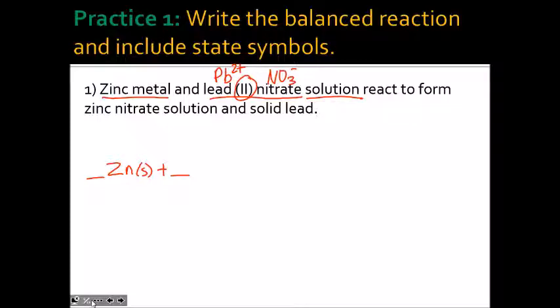How many of each do we need in our formula? How many leads, how many nitrates do we combine to make lead II nitrate so that the charges will add up to 0?